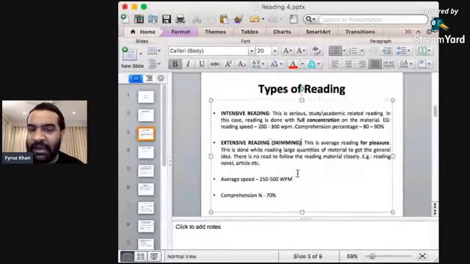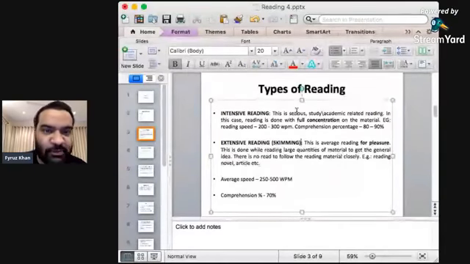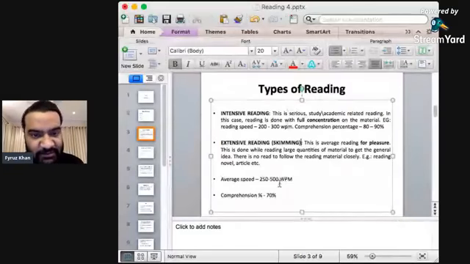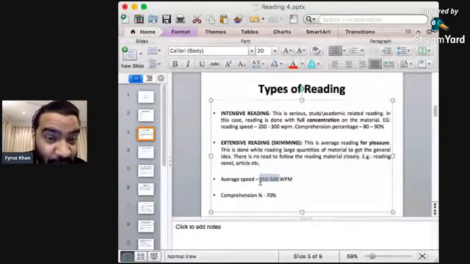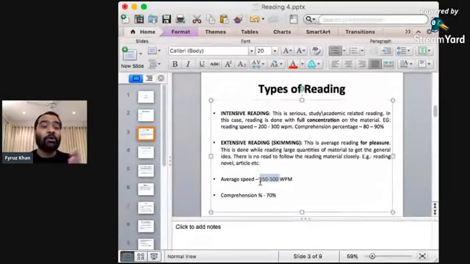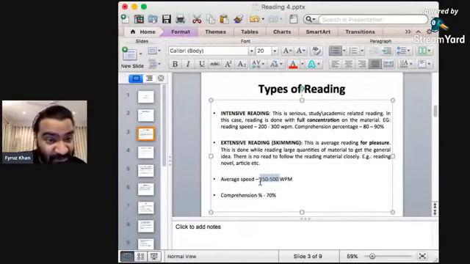Your average speed is also going to be more compared to intensive reading, around 250 to 500 words per minute. And your comprehension level, the understanding level, will also be less because you're reading quickly. So you may not understand some things in depth. It'll be around 70 percent, it is said.